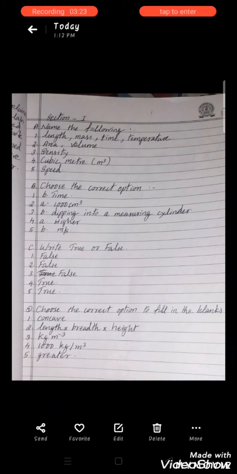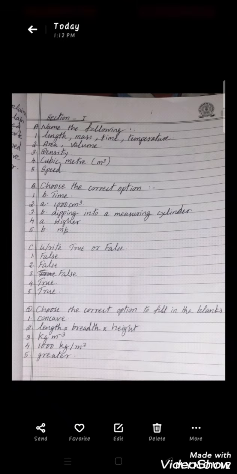Dipping into a measuring cylinder is the correct answer. Then number 4, if the same mass is packed into a lesser volume, its density becomes, the correct answer is higher. Then number 5, SI unit of speed is meter per second.